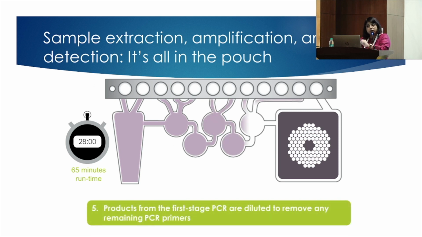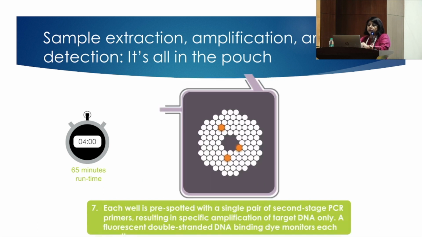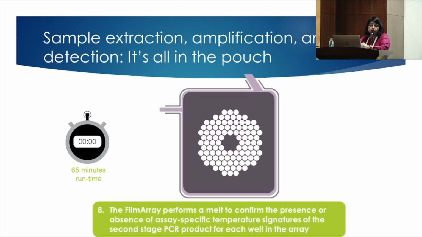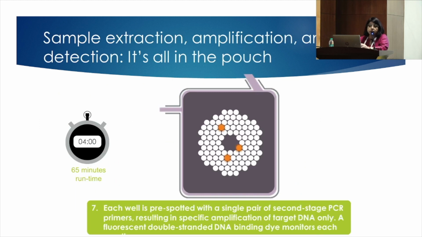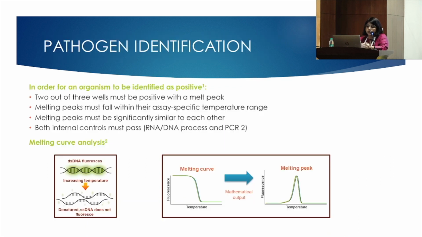One step amplification is done here. Then there's the next amplification which is done in a final chamber. So there is a 2-step amplification which happens, making it more sensitive. And based on the fluorescence, you can identify the organisms. And besides this, a melt is added and you get melting curves on the basis of which you can identify the different organisms in one test.